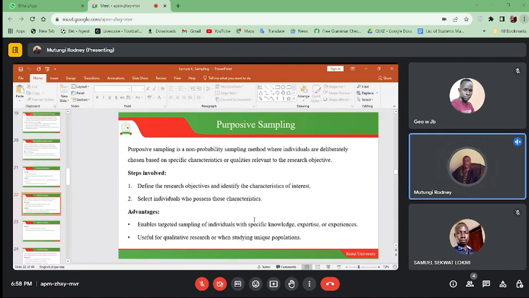So this method involves choosing those individuals based on specific characteristics or qualities that are relevant to your research objectives. So the steps include defining the research objectives and identifying the characteristics of interest, and then selecting individuals who possess those characteristics. Okay.